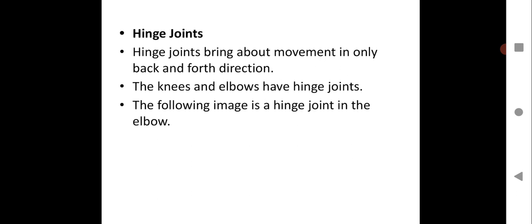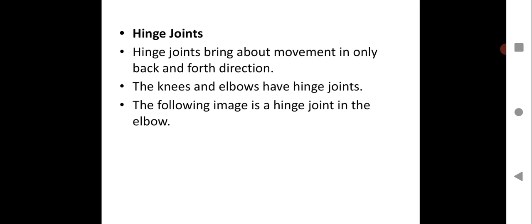You can check your knees and elbows. They can move back and forth. They can move backward and they can move forward. They just cannot rotate. So the knees show backward and forward movement, and the elbows too, because they have hinge joints.